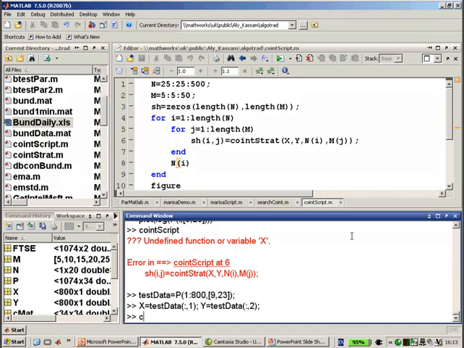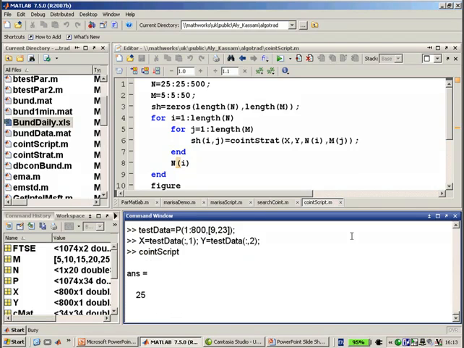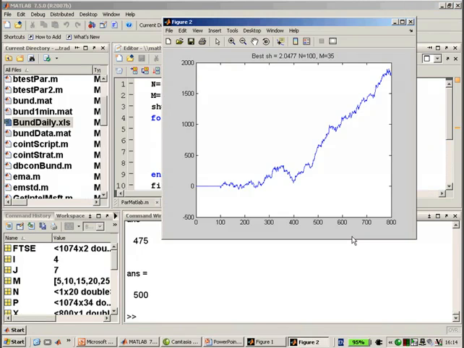I'll now run my co-integration script against X and Y. This takes just a few seconds. So what it's actually doing here is it's using the co-integrated information that we have. It's doing a simple regression between X and Y to identify weights in which to trade them, and then it's trading them based on that.